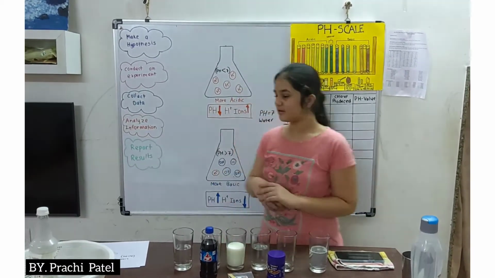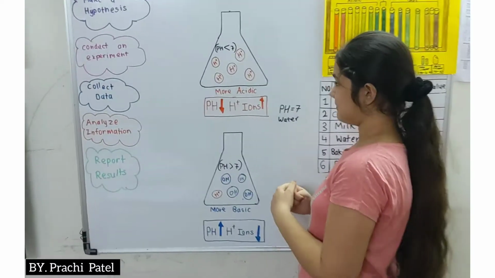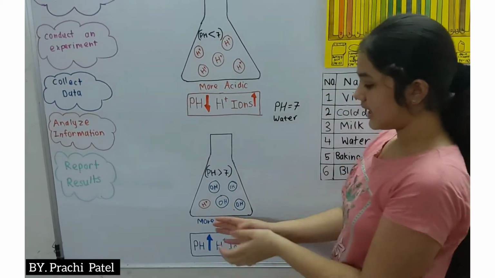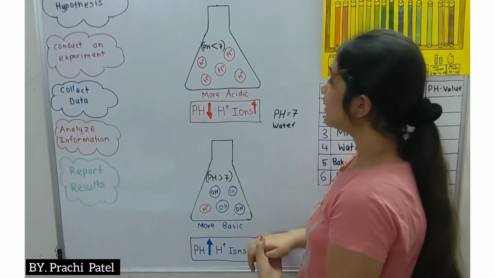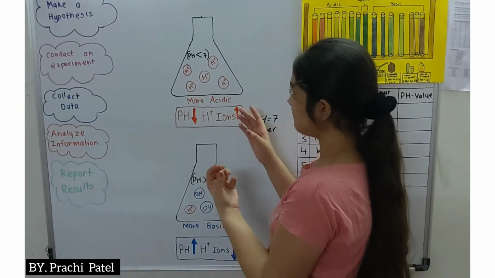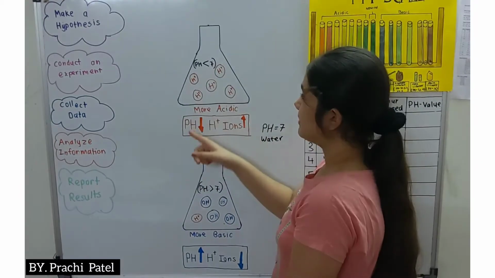Okay. So now over here I have drawn two beakers, as you can see. One beaker has more acid and one beaker is more basic. Now, each more acidic beaker has more H plus ions in comparison to OH.